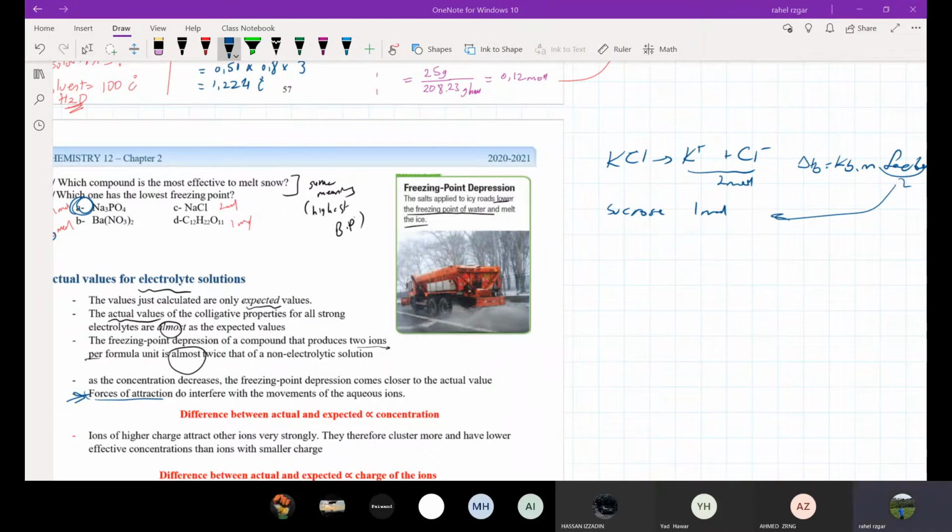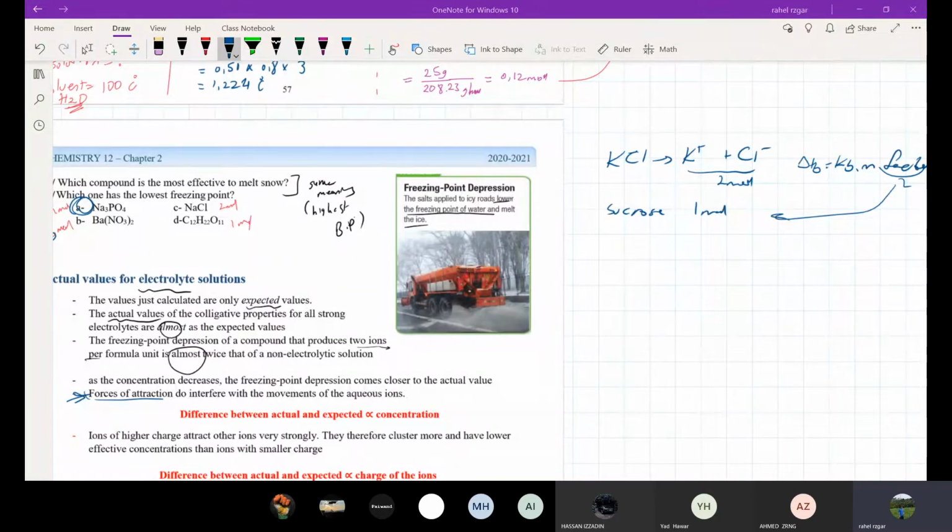Now, we expected the K and Cl to be 2 different particles, but because they have some attraction between them, their movement is not as free as we expected. Yes, they are separated, but there's still some attraction between them.